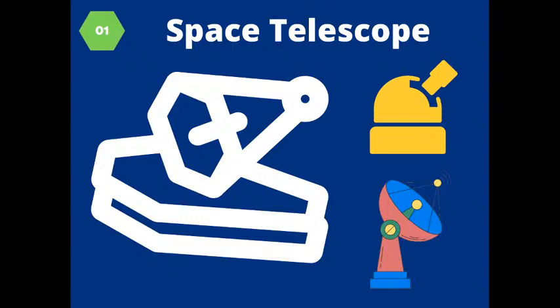Now the Hubble Space Telescope took a very deep picture of the universe. It took a picture of some distant galaxy. The distance between the galaxy and Earth is around 13 billion light years.